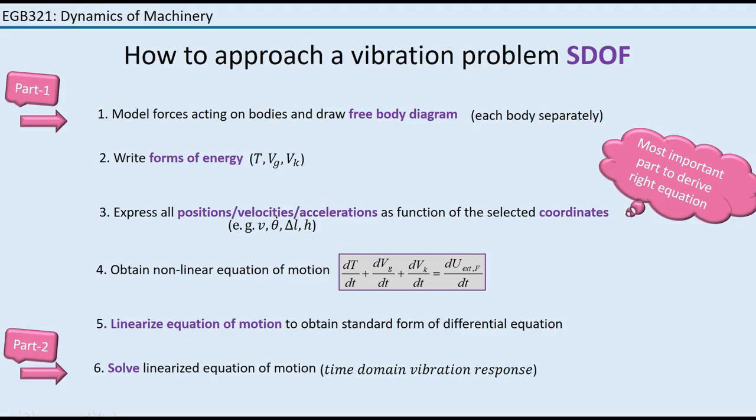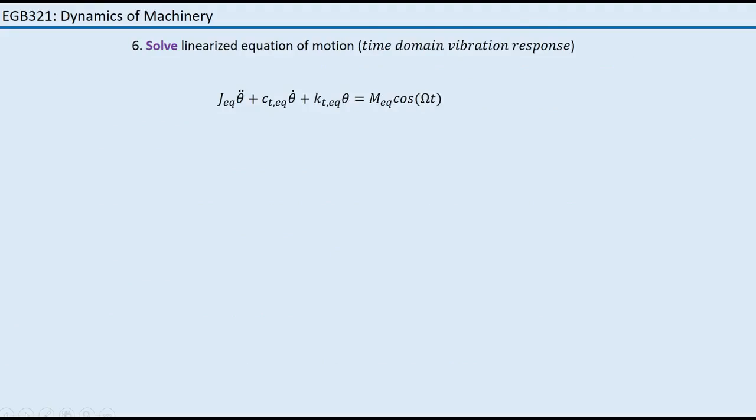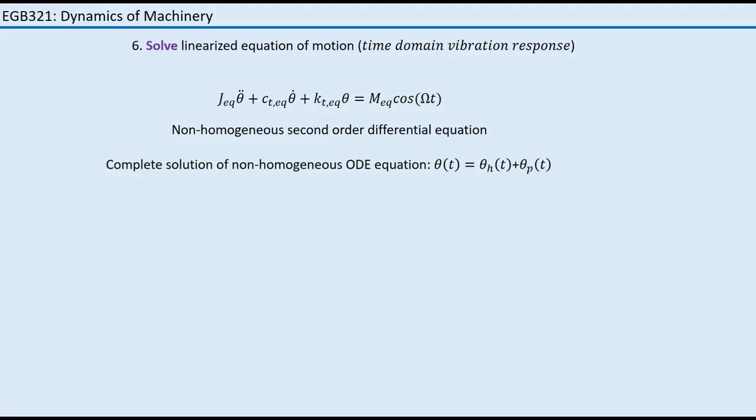Our next step is to solve the linearized equation. So if we recall our system equation, which is this form, this equation can be said to be a non-homogeneous second order differential equation, and for this kind of equation we get the solution as theta equals theta h plus theta p.